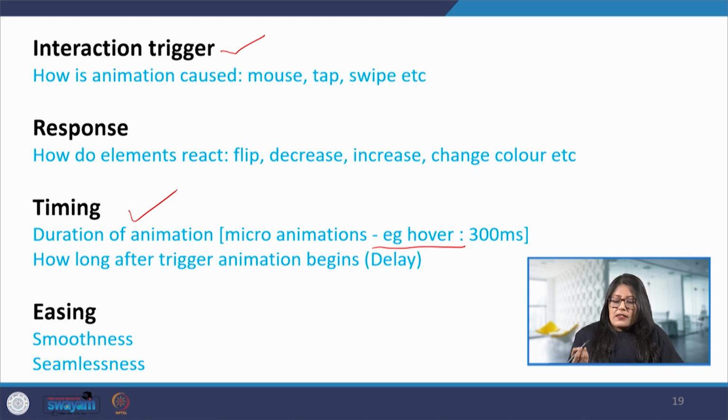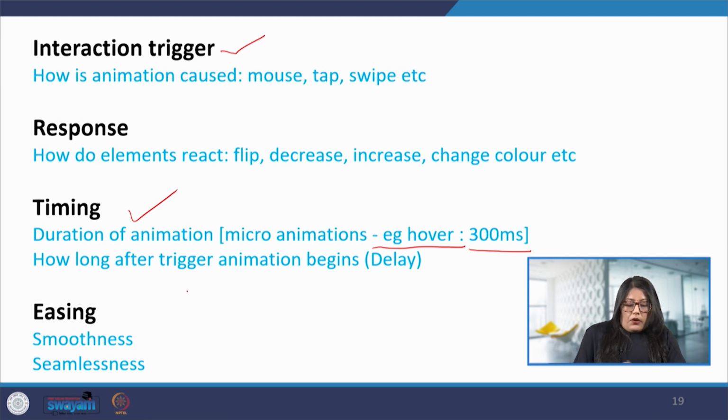As a rule of thumb, one can say that maybe 300 milliseconds is a good time for the user not to lose interest, because we all have a very short attention span, and at the same time the cognitive load, which we are hoping the animation will decrease. If the wait time is too much, it may result in more anticipation and more cognitive load.